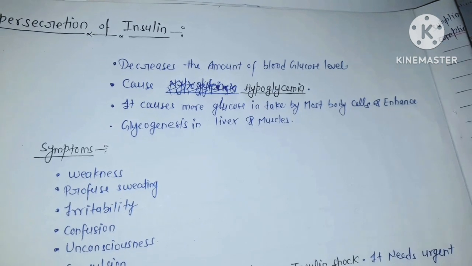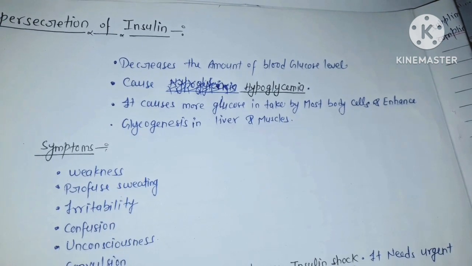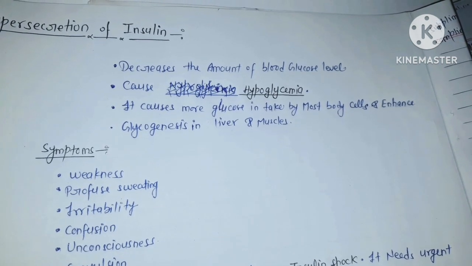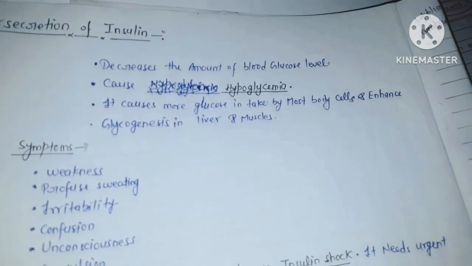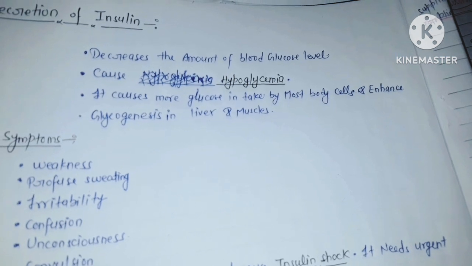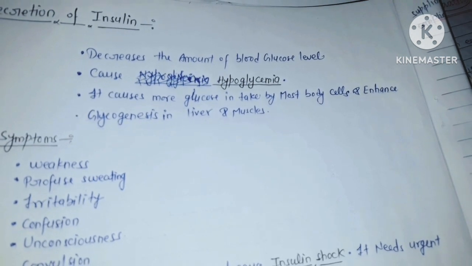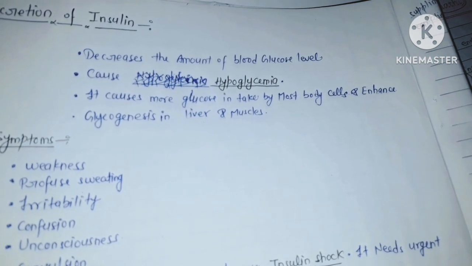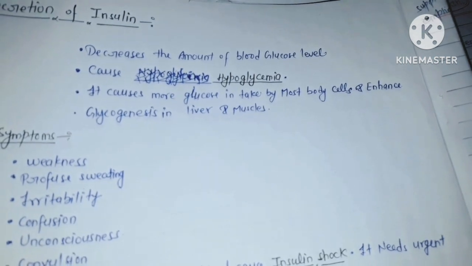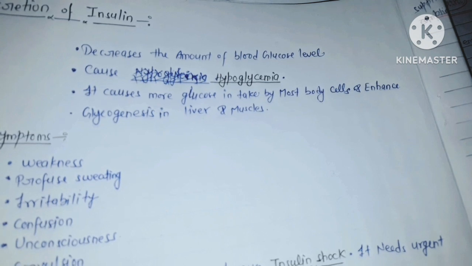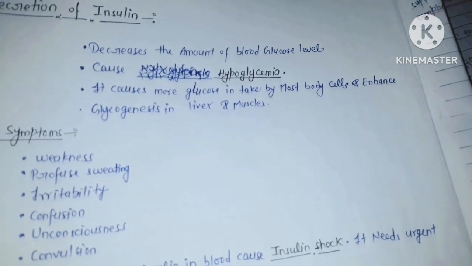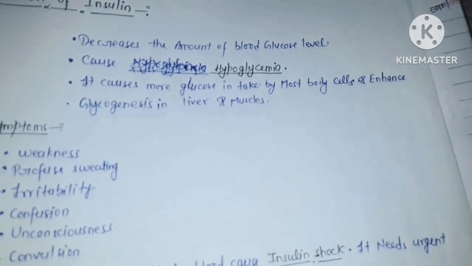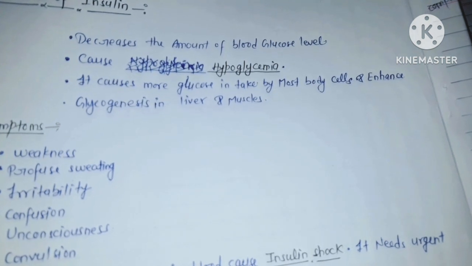It causes more glucose intake by most body cells and enhances glycogenesis in liver and muscles. So what is glycogenesis?